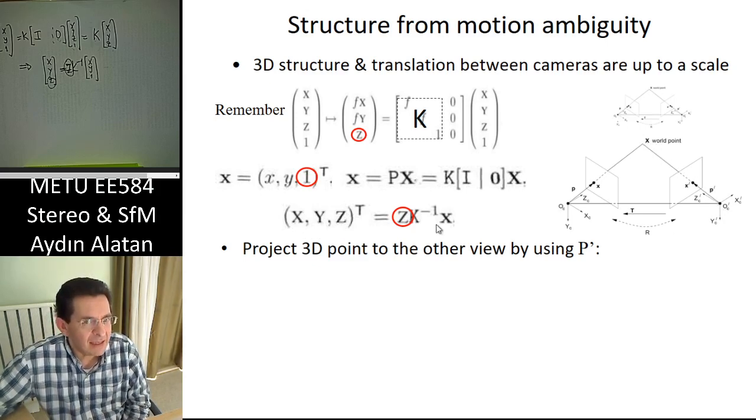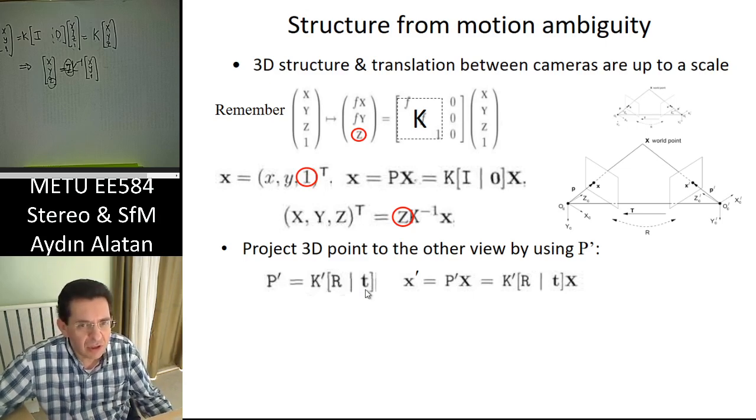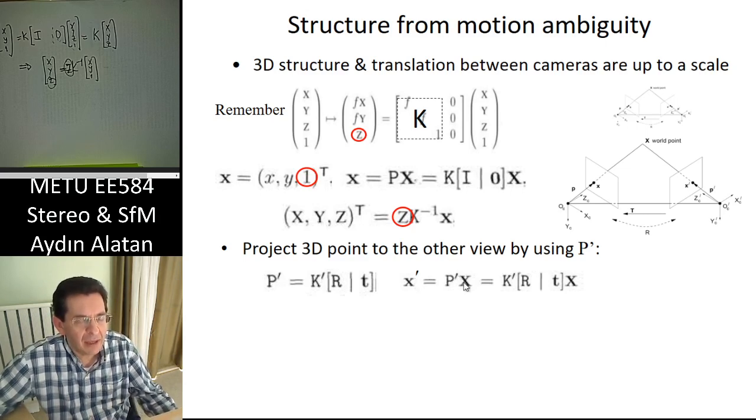Now X, Y, Z is equal to this thing, therefore this is my projection. K prime is the other calibration matrix, R and T is the pose between the two cameras, therefore X prime is equal to P prime times X. Now, if I write this here, instead of P prime, I write K prime RT.